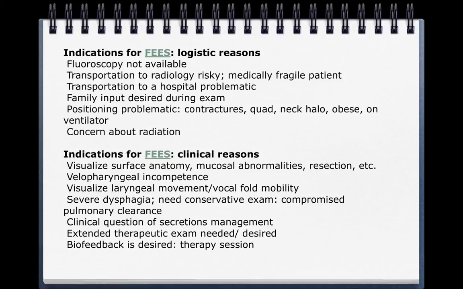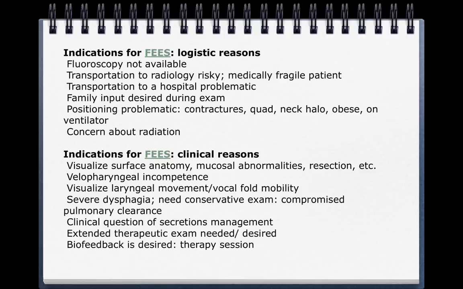So those individuals might be a good candidate for FEES, because it will show the vocal folds, and possibly even as you're inserting the camera, you might be able to see other structures on the way.